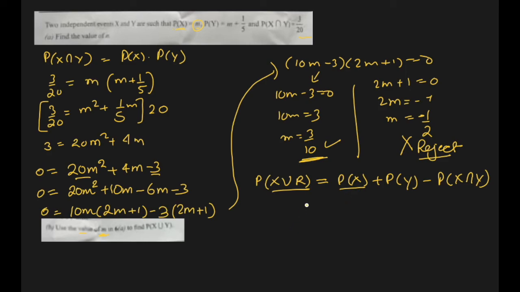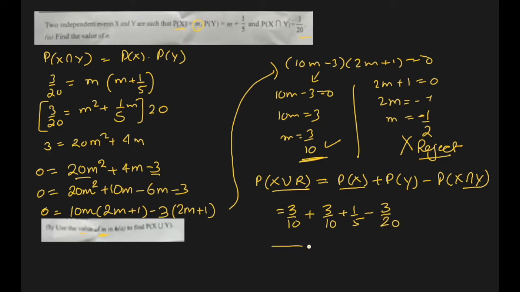So P(X) is m. M we got 3 over 10. P(Y) is 3 over 10 plus 1 over 5, minus intersection was already given to us, which was 3 out of 20.